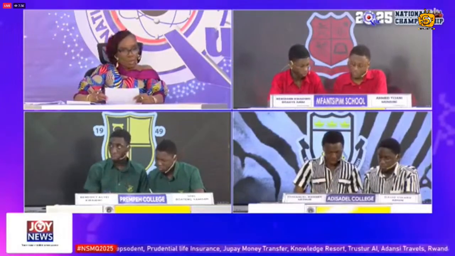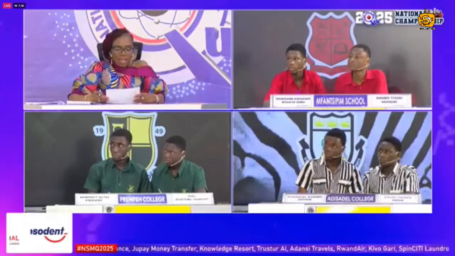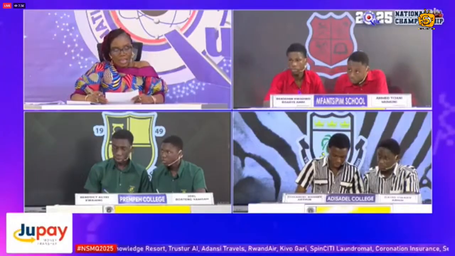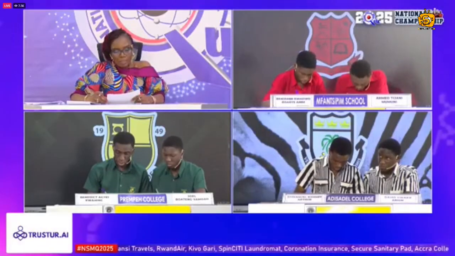Last set of questions for the round, 30 seconds each. First one. Find the tangent of the angle between the vectors A equals 4i plus 2j, and B equals 2i plus 4j.